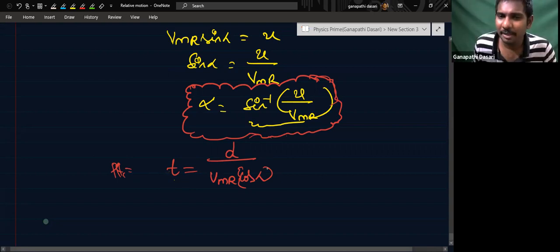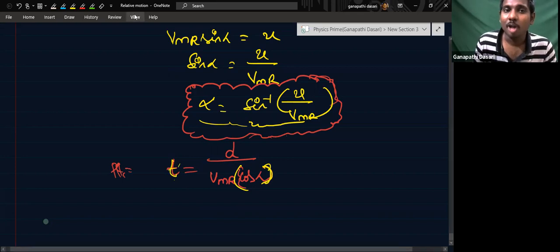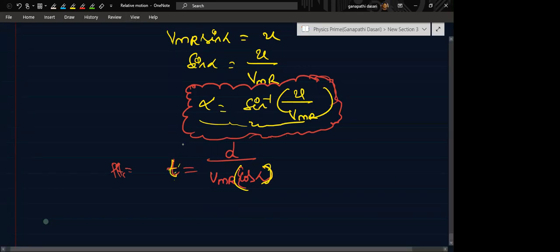Is it the minimum time? No, sir, because cos alpha will have some value. So shortest path does not mean minimum time. Minimum time does not mean shortest path.